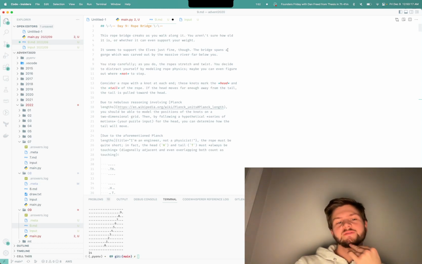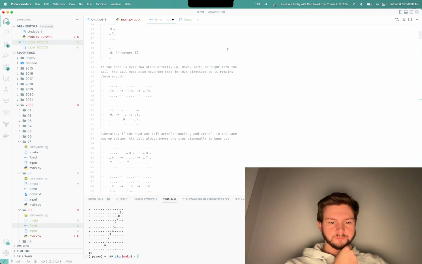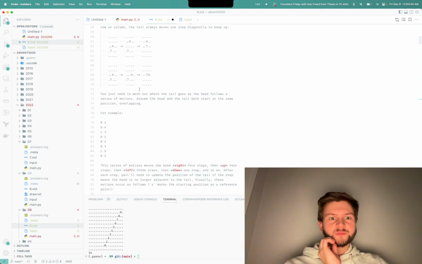The head moves far enough, the tail is pulled toward the head. Due to nebulous reasoning, yada yada yada. If the head is ever two steps directly up, down, left, or right from the tail, see, it's always going for where the previous one used to be.